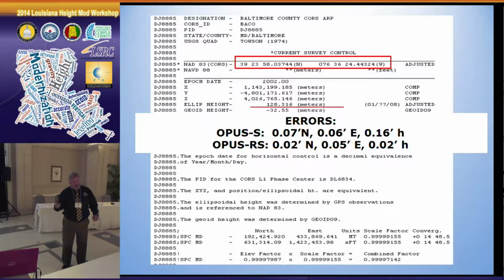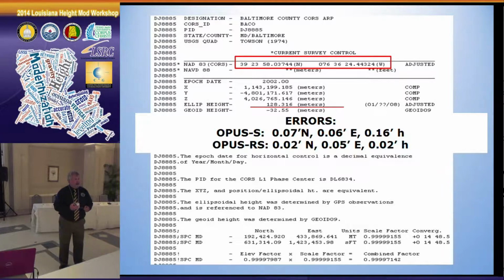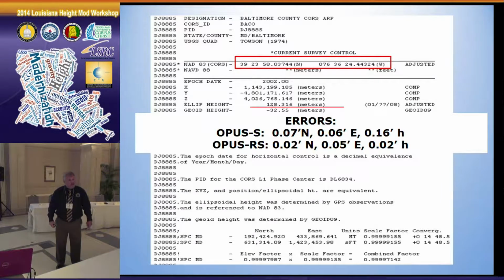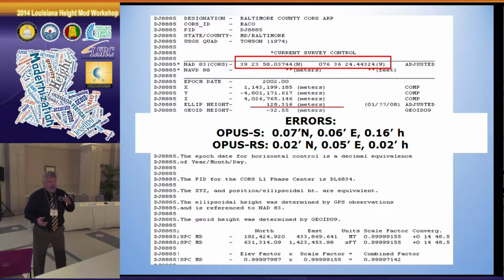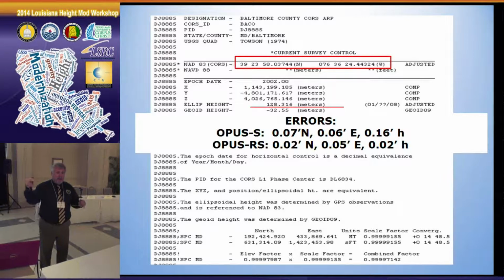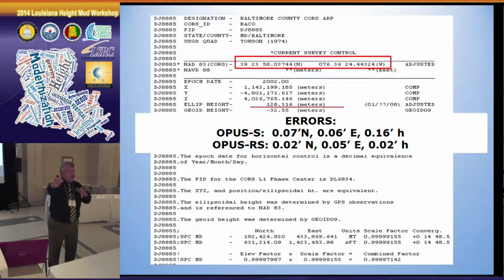The second point is that the reason to do that is because you get better answers with one than the other. Why is that? Well, probably in this case because instead of 3 baselines being averaged, as you would with OPUS Static, you've got a network solution that's interpolating conditions to the rover, just like you would with a real-time network.